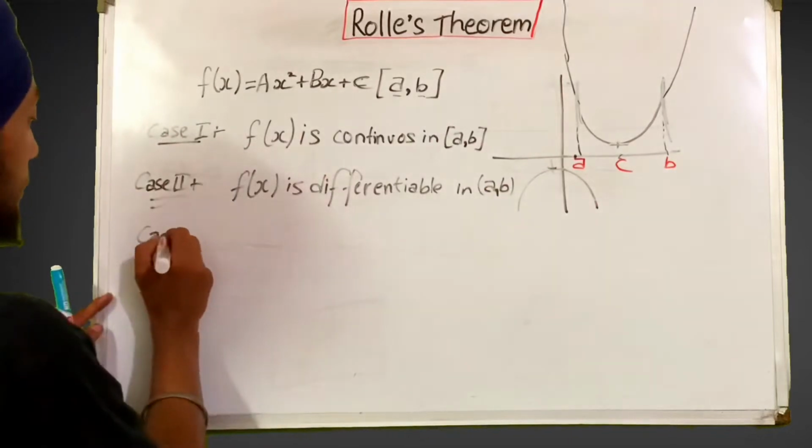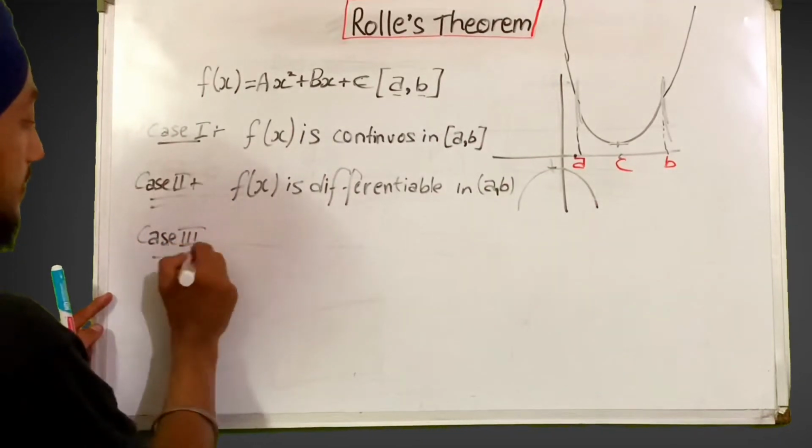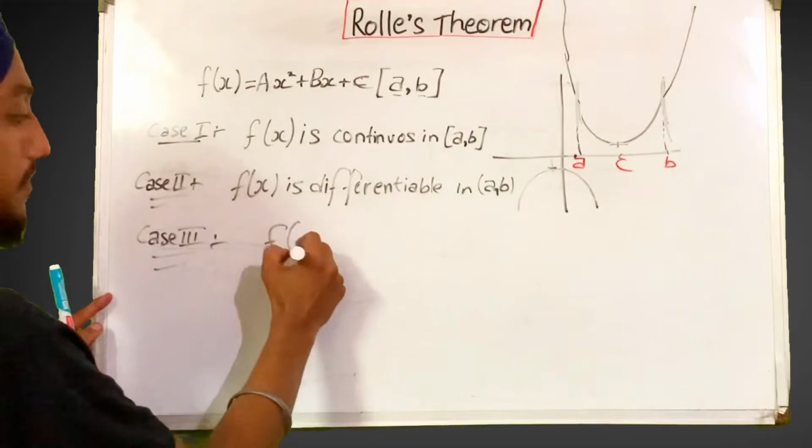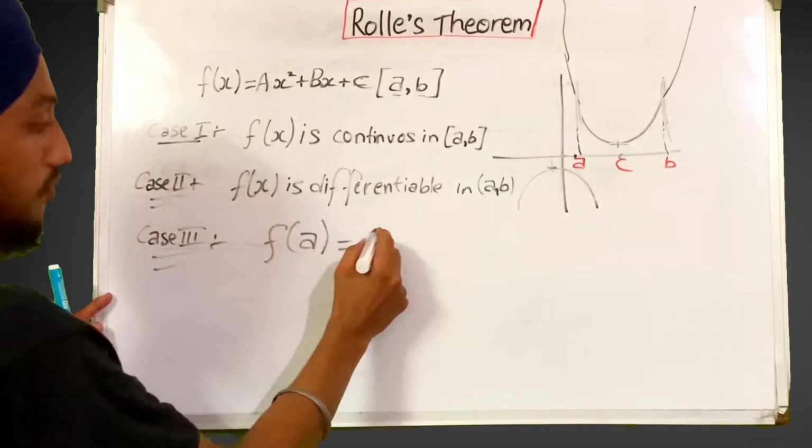And condition three simply indicates that f(a) must be equal to f(b).